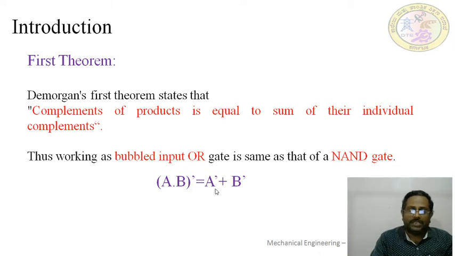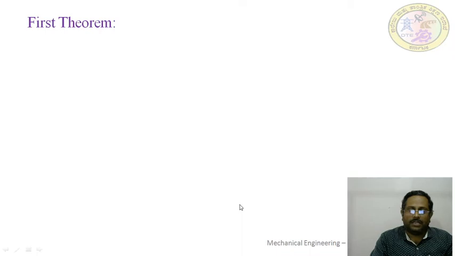Next, we will see the circuit diagram to prove this first theorem. The Boolean equation is (A·B) whole bar equals A bar plus B bar. To represent the LHS of the equation, (A·B) whole bar is constructed by using the NAND gate.